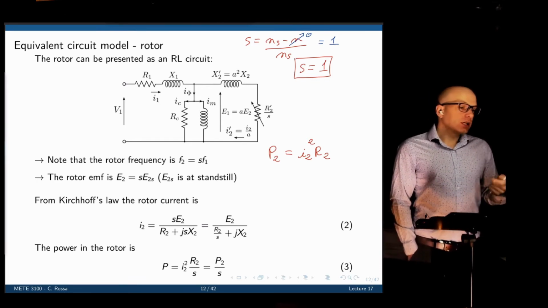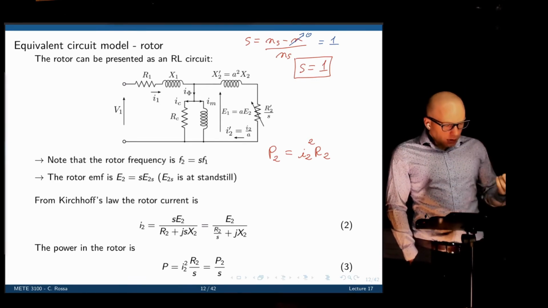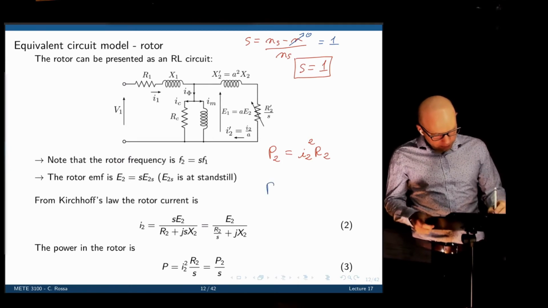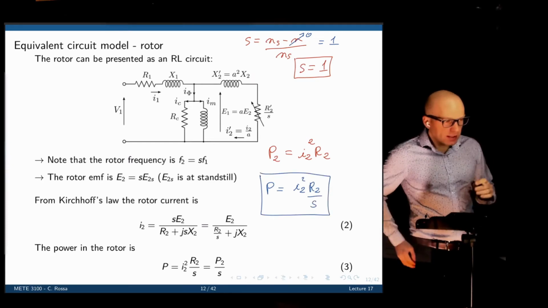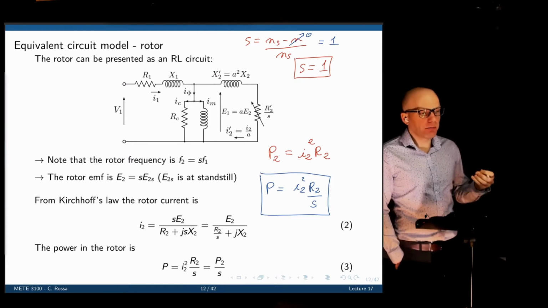Now, if the rotor starts to rotate, R becomes R2 over S. And this is now the power crossing the air gap.